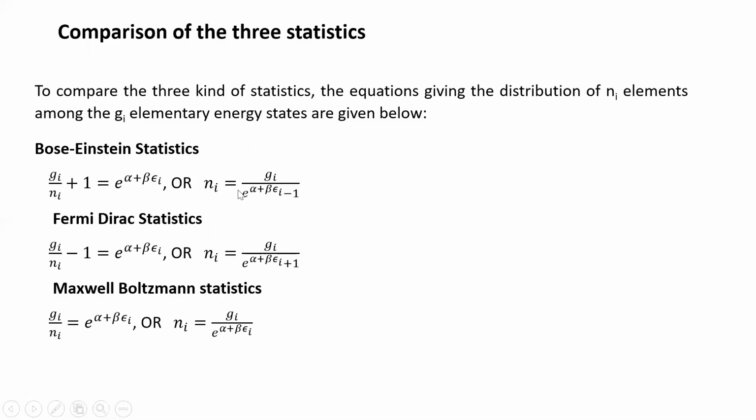Now, we shall rewrite these equations like this. Gi by Ni plus 1 is equal to e raised to alpha plus beta Ei. So in this way, these three equations can be rewritten. Now you look at these three equations.